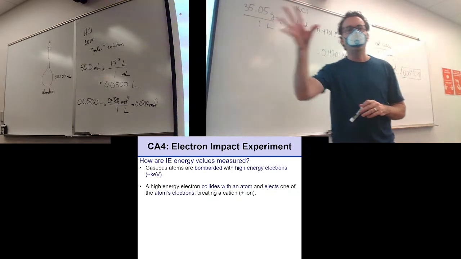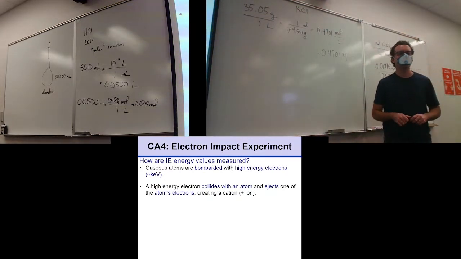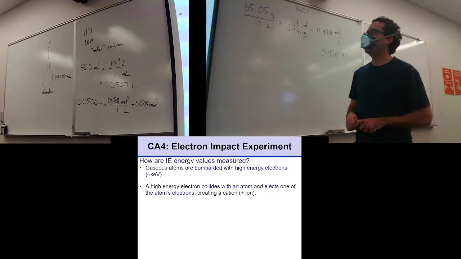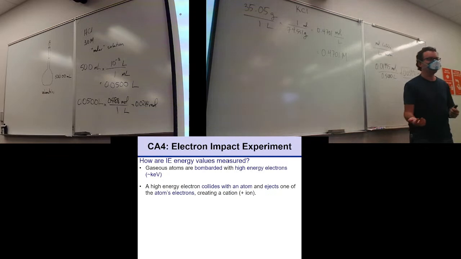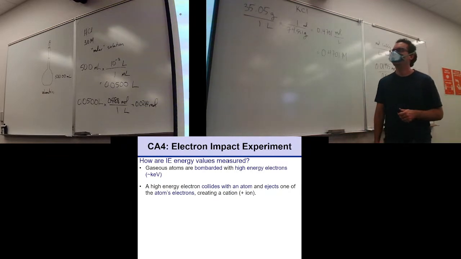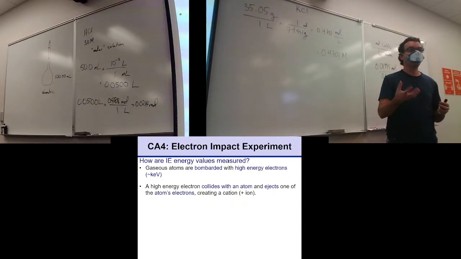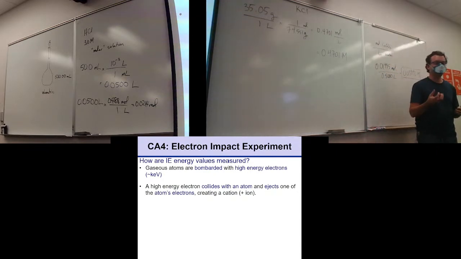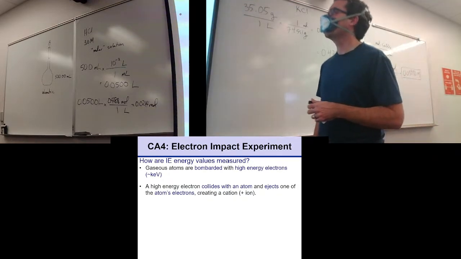And then you hit those atoms with high energy electrons. These electrons have kiloelectron volt energies, which is a lot. So what is a high energy electron? It's an electron moving really fast, like an electron moving at bullet speed.